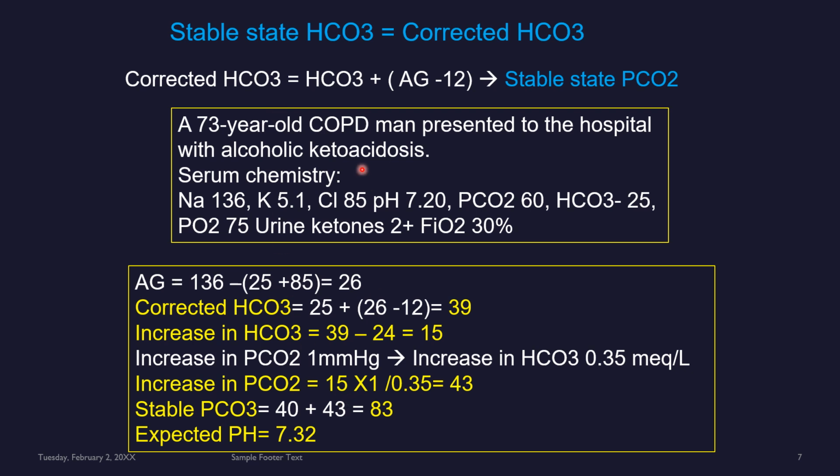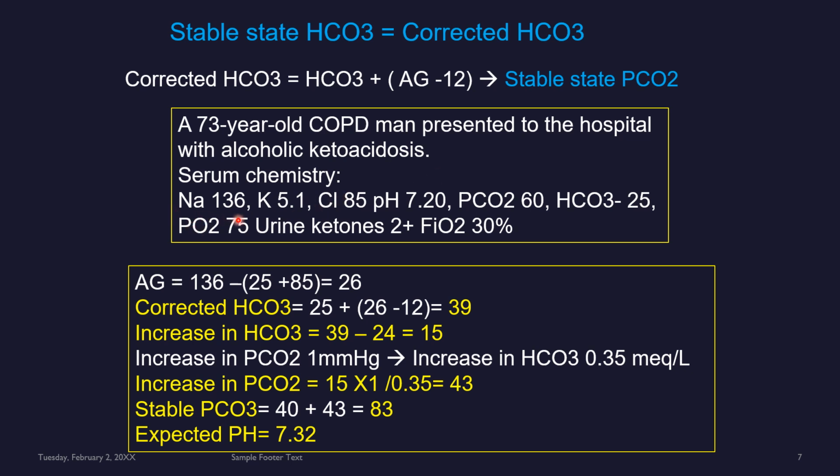This is an example of how to calculate the stable state of bicarbonate and the stable state of partial pressure of carbon dioxide from this formula. This is the patient, 73 years old, COPD man, presented to the hospital with alcoholic ketoacidosis.